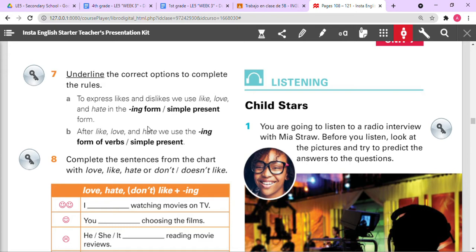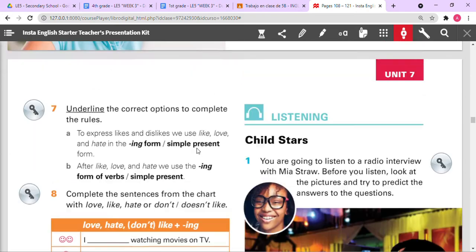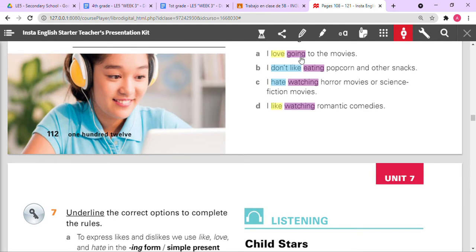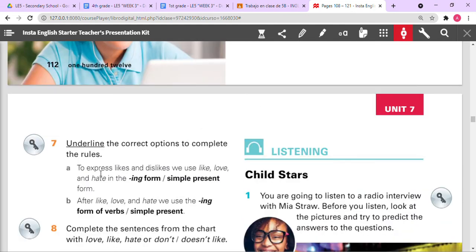B. After like, love, and hate, we use the ing form of the verbs or the simple present. So, ideas. Let's see. One is correct.